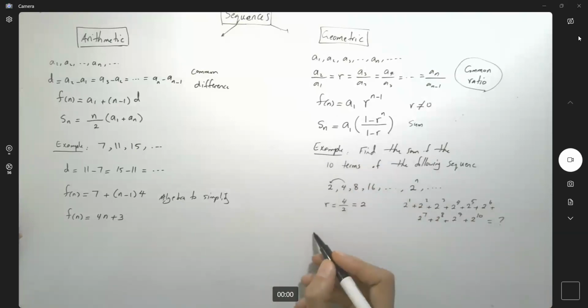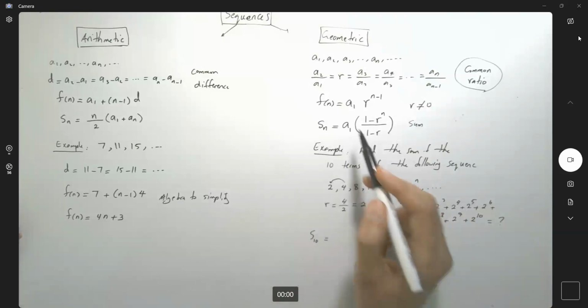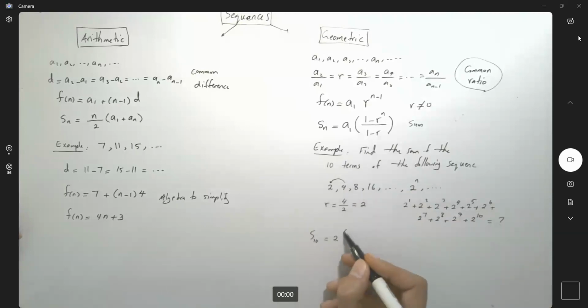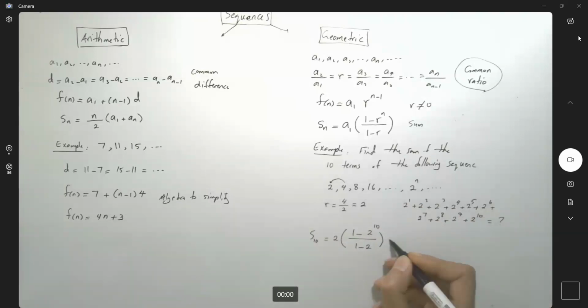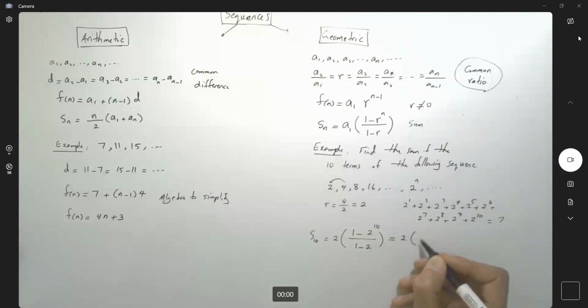The formula says, hey, S sub 10 is equal to A1, which is 2, times (1 minus r to the power 10, 2 to the power 10), divided by (1 minus 2). Very good. So basically here you have 2 times (1 minus 2 to the power 10) divided by negative 1.